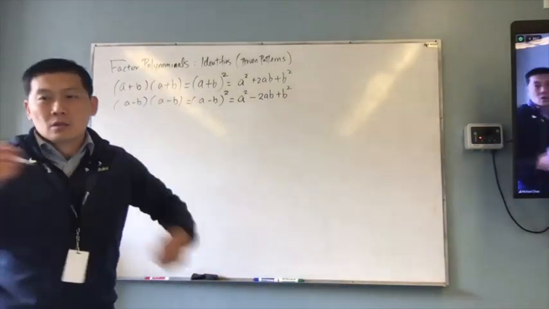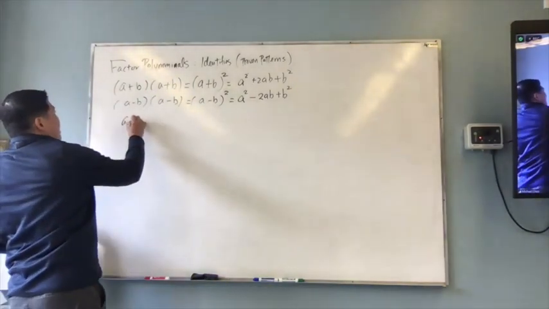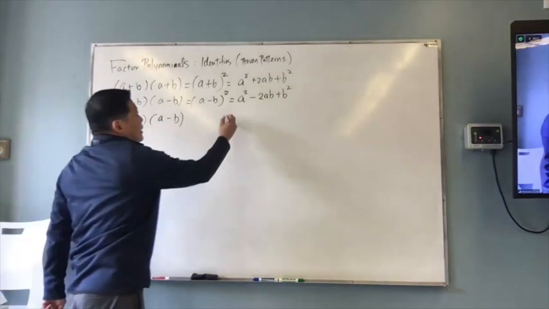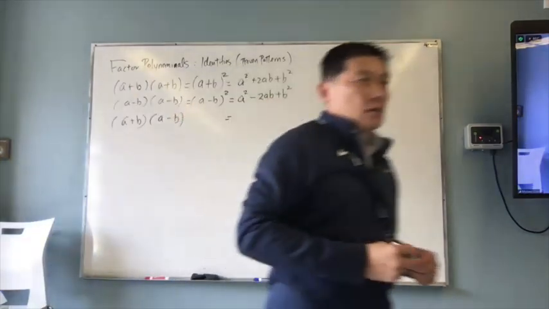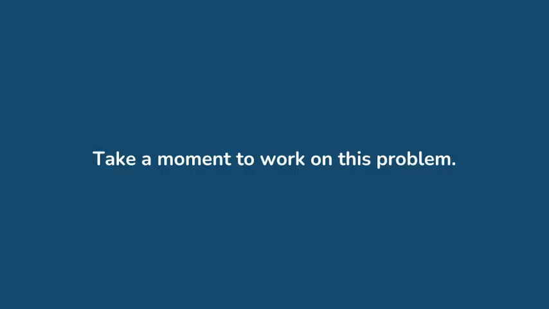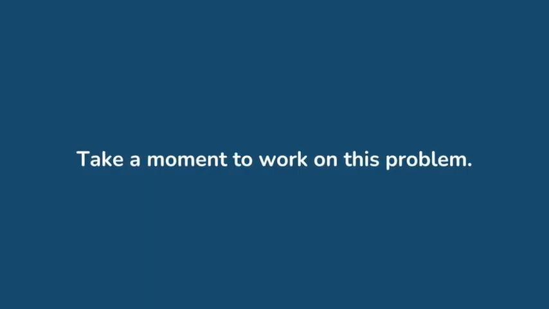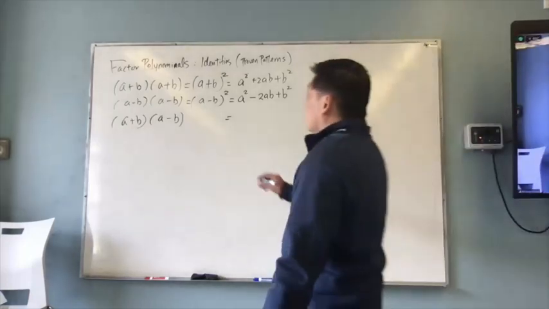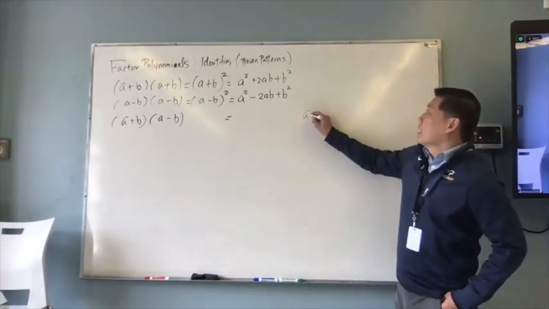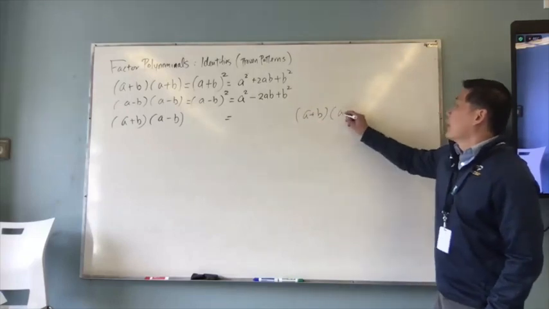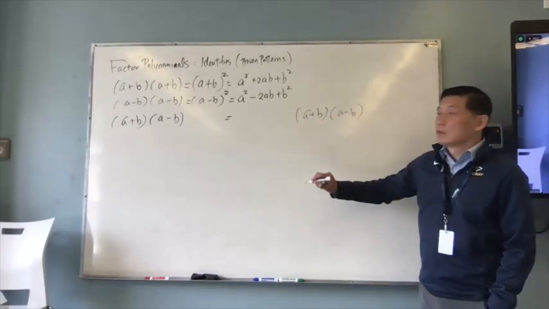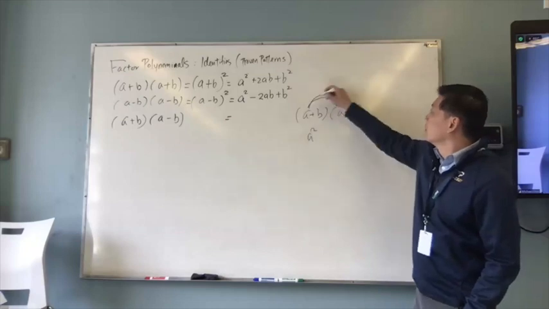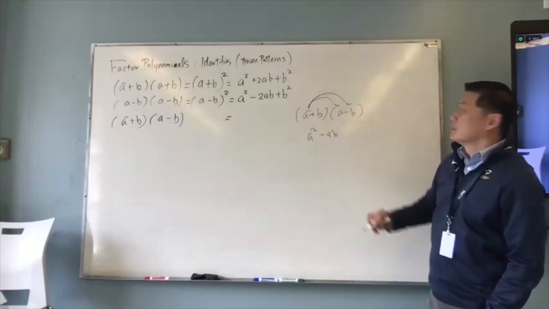Now, let me give you another one: a plus b times a minus b. All right, multiply out and see what you got. Okay, let me show you over here. So a plus b, a minus b. Let's do FOIL. So a squared minus ab.